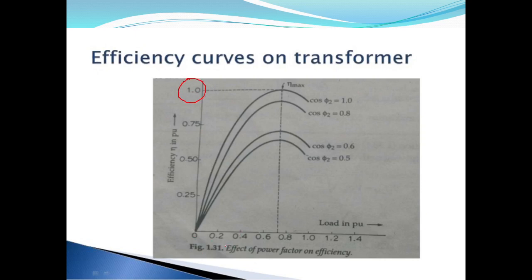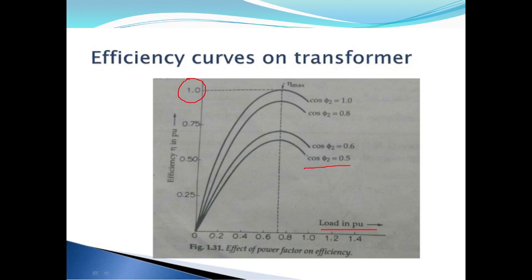On the x-axis we are considering the load in terms of per unit, that is 0.2, 0.4, 0.6, 0.8, 1, 1.2, 1.4. So I am drawing the corresponding power factor versus efficiency curves in this plane.